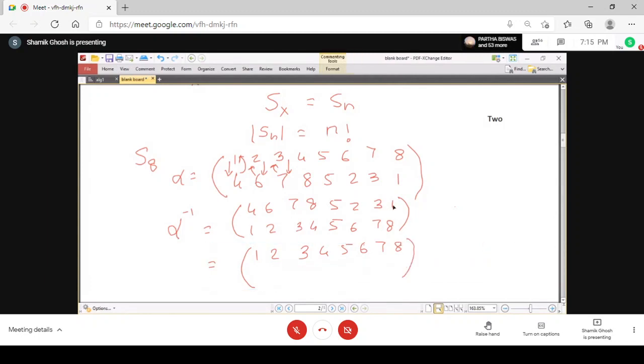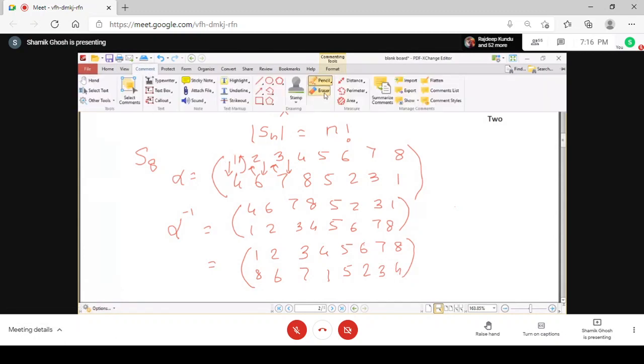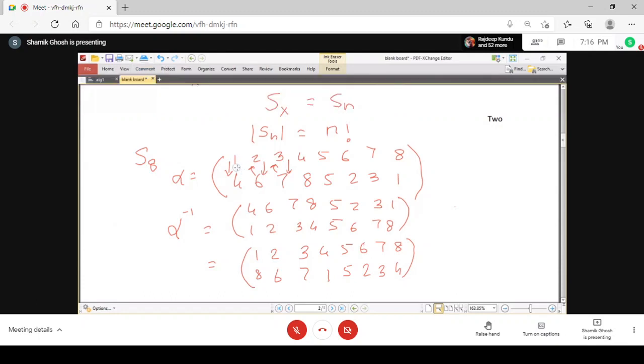And then we find that 1 maps to 8, 2 maps to 6, 3 maps to 7, 4 to 1, 5 to 5, 6 to 2, 7 to 3, and 8 to 4. So in this way, we can calculate the inverse of a permutation.